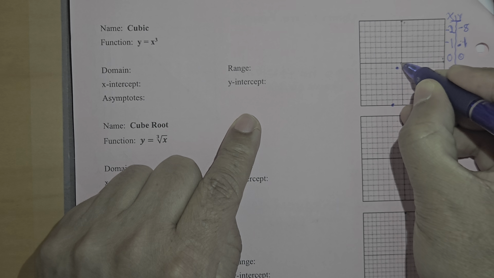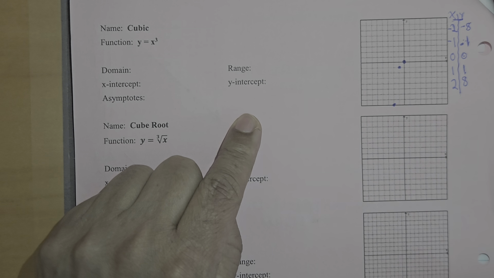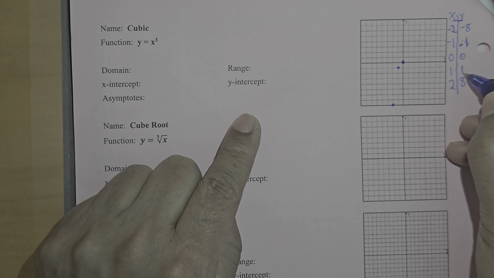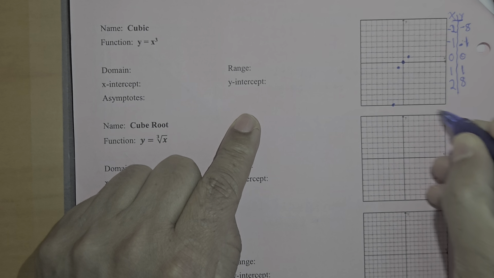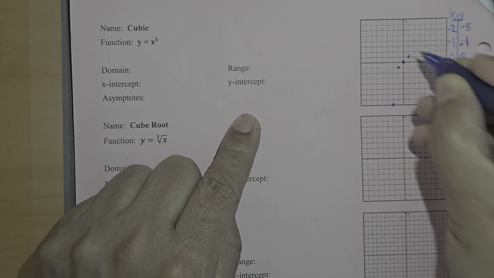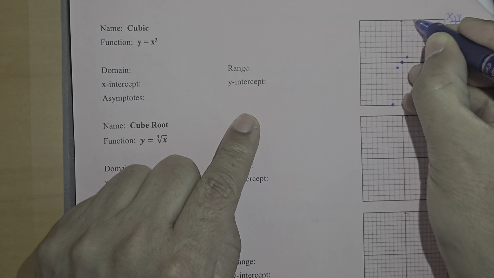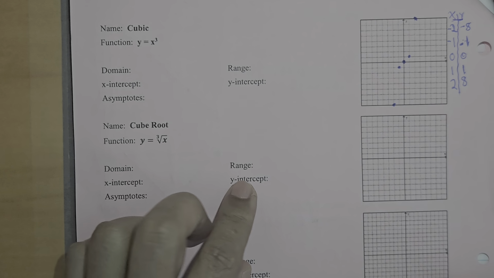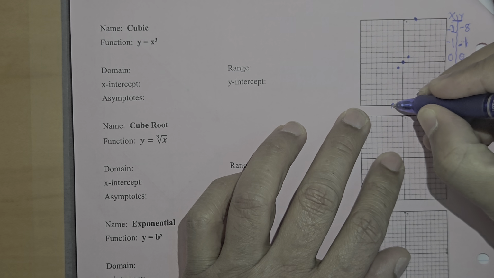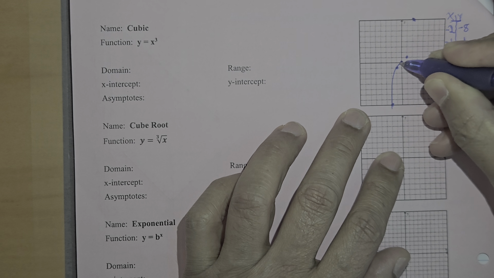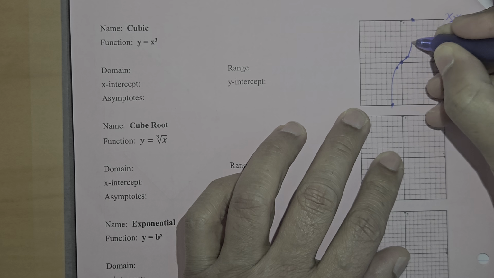This is where the graph passes through the origin. And then if I go right 1 from the origin, I have to go up 1. So I get this point. And if I go right 2, up 8. So 1, 2, up 1, 2, 3, 4, 5, 6, 7, and 8. So then we connect the points. This is what that graph looks like. Okay, so this is the cubic function, and this is the graph of it.